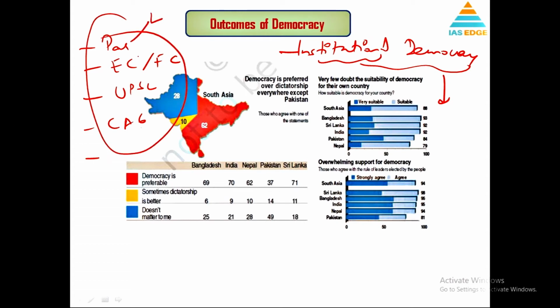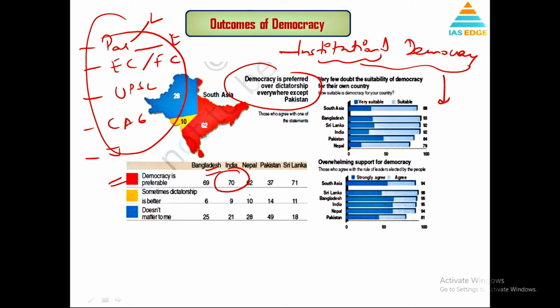What is the meaning of institutional democracy? That means we have an institution in place which ensures that such things are followed by process, by rule. If government is not able to follow or meet a target, institutions should be created which can give information on that account, because that will put pressure.